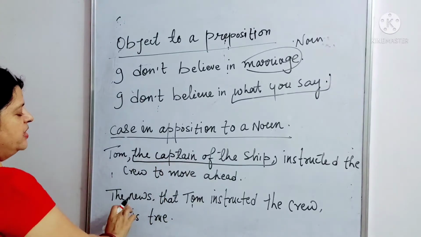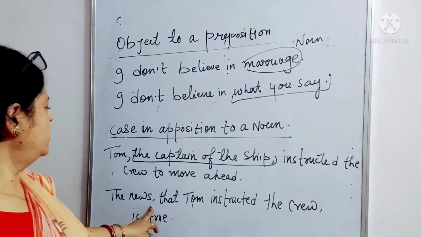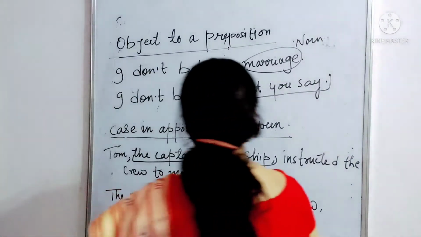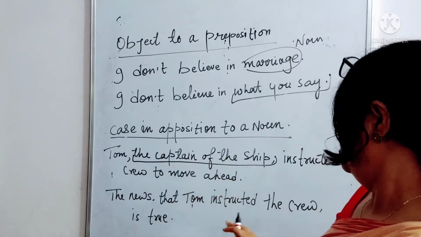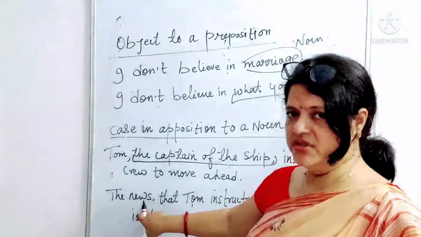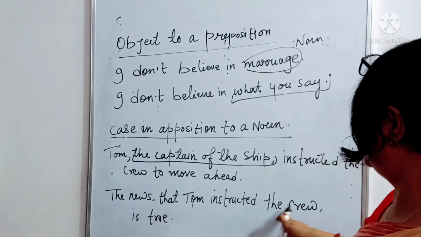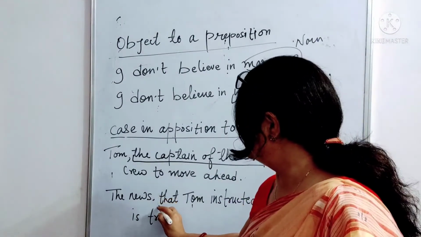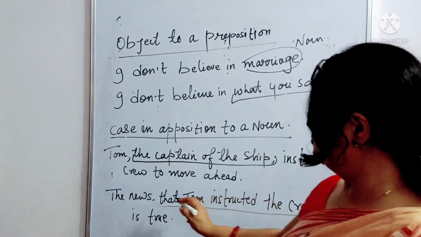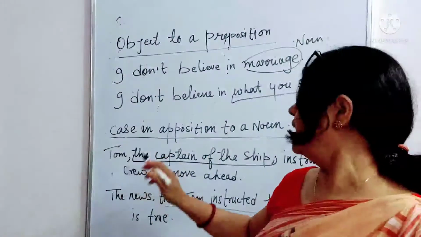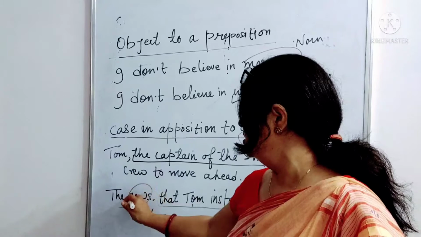And here in this sentence we see the next one: the news that Tom instructed the crew is true. So here, what is the news? That Tom instructed the crew. So here it is a noun clause, working as an opposition to this noun, news.